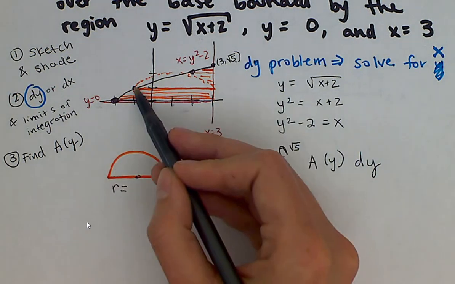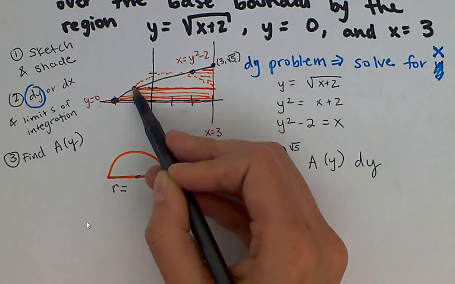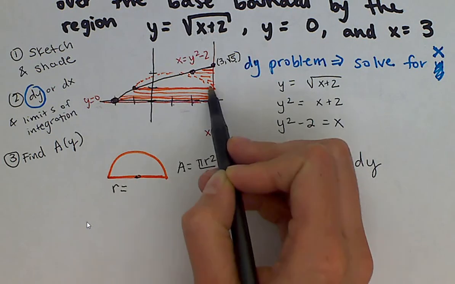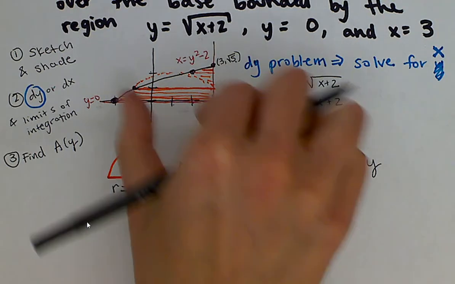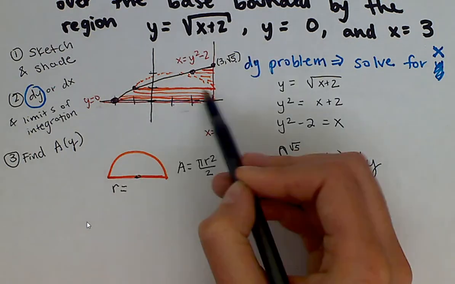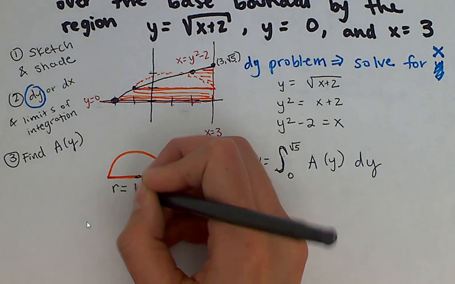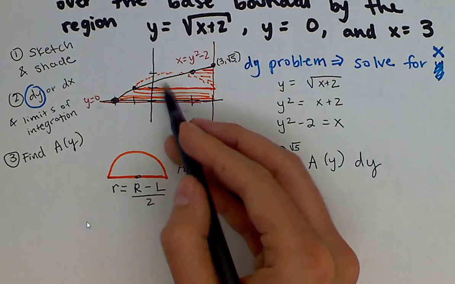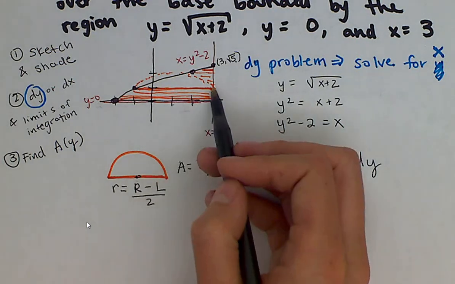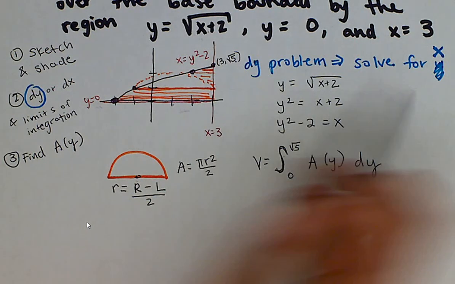The radius here is this distance from my function, so from y squared minus 2 to 3. So to calculate this radius, just as we could find the area of this region, I can do that. The radius is the right function minus the left function, but divided by 2, since it's only half of it. I want half. So it's like my right minus my left. Just like in the other problem, I did upper minus lower.